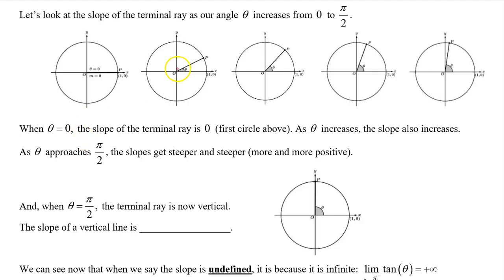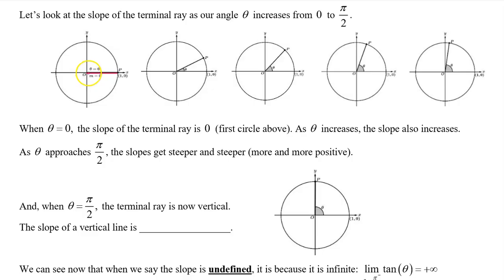Let's use our understanding that tangent is the slope of the terminal side to develop the graph of the tangent function. Let's examine what happens to the slope of the terminal side as our angle theta increases from 0 to pi over 2.